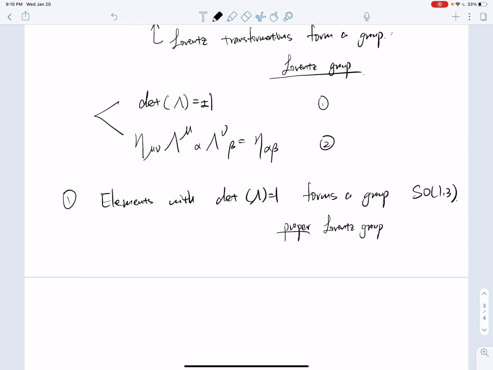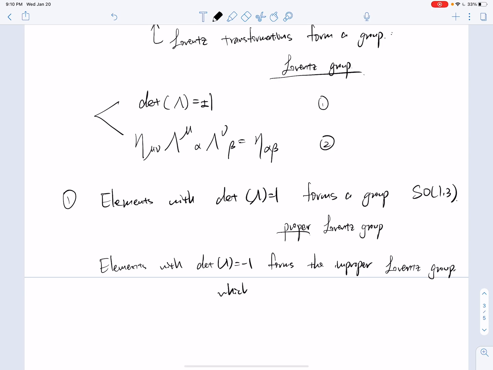And the elements with a determinant equal to minus 1 form the improper Lorentz group, which, mind you, is not a group, right?